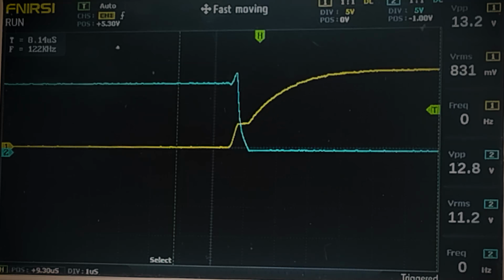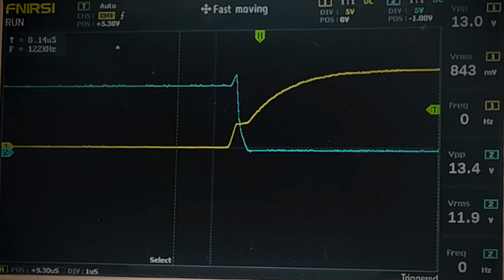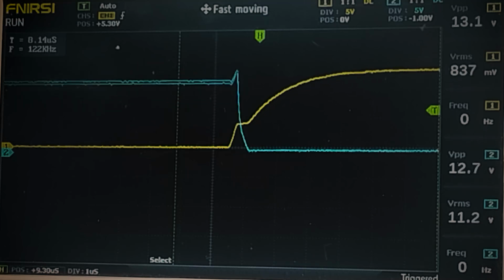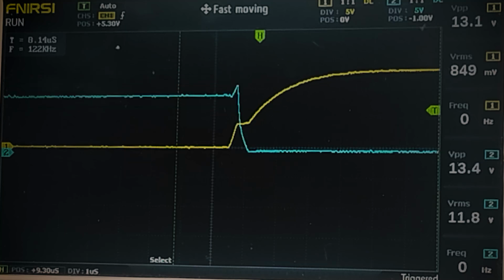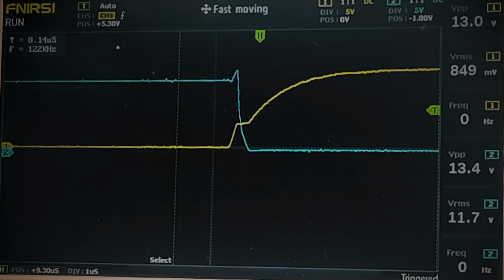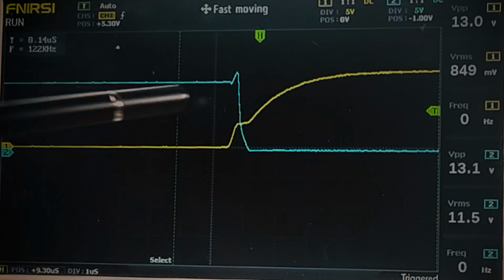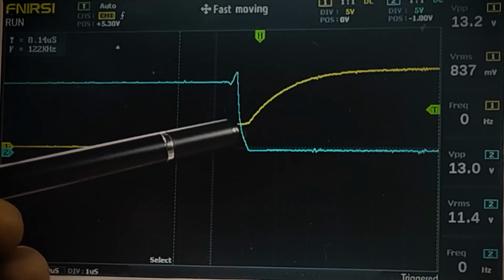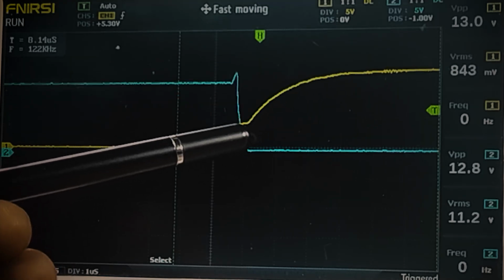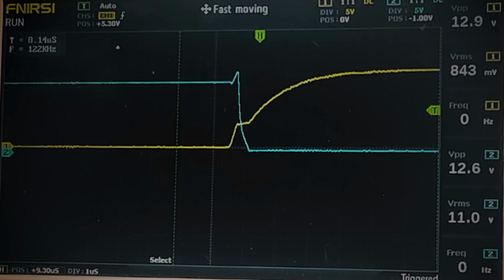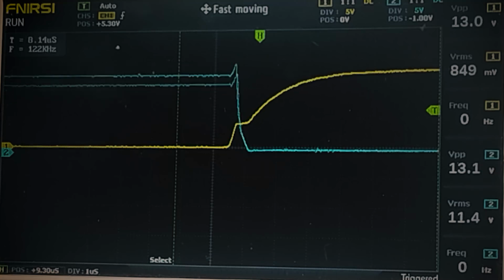So how do we control this effect? First of all, we can use a MOSFET with a low gate-to-drain charge. While looking at the data sheets of our MOSFETs, we pick MOSFETs that have very low gate-to-drain charge, and that will help this horizontal line to be shorter. Secondly, we need very strong drivers to switch quickly.